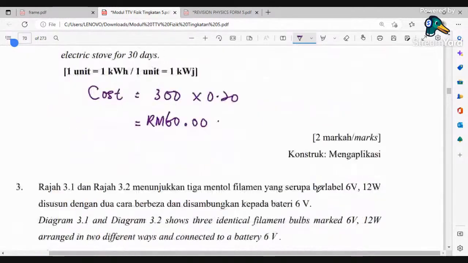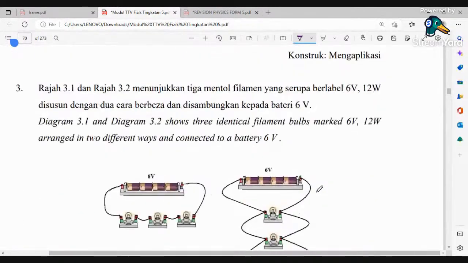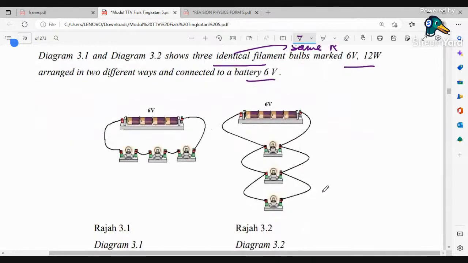Using the stove just now. Okay, number 3, diagram 3.1 and 3.2 show 3 identical bulbs. Remember, when it is identical it means the same resistance. Okay, power rating 6 volt 12 watt. Voltage of battery 6 volt. Okay, so we have a series connection.